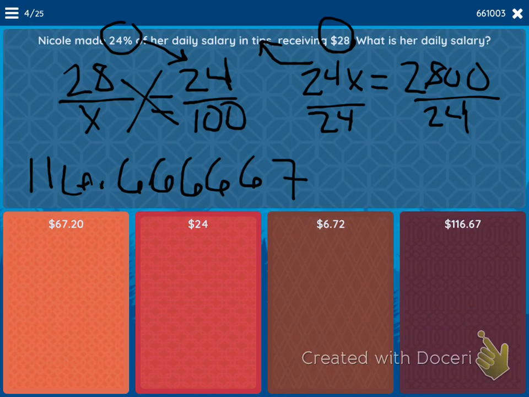But when we deal with money, especially when it comes with how much she makes, we can't have a 0.6 repeating. So fortunately, they eliminated all the ones that aren't even close. But here, we're going to look here to round up the cents and make that 67. So it's $116.67. That's it.